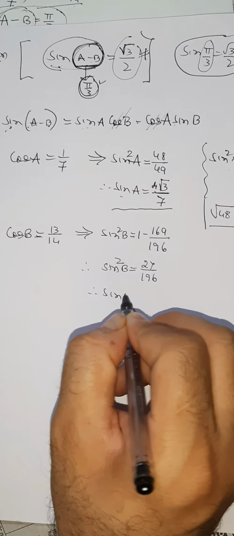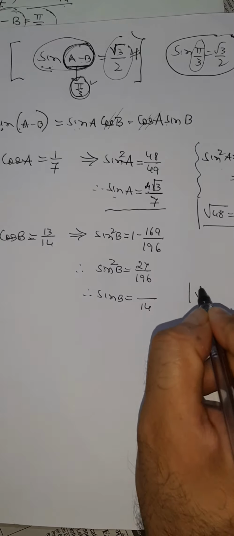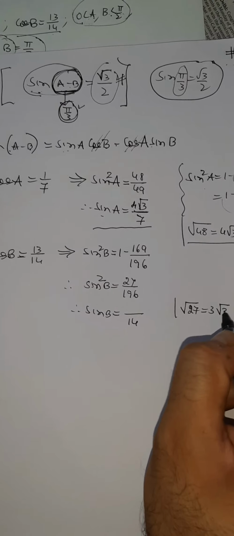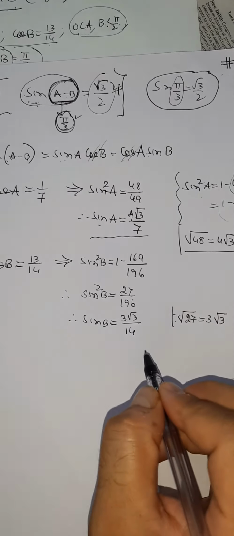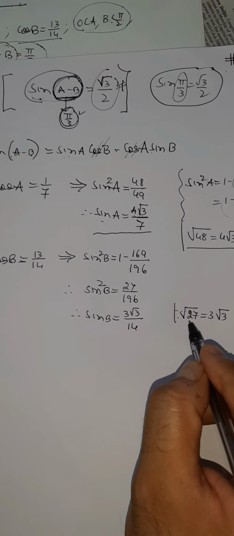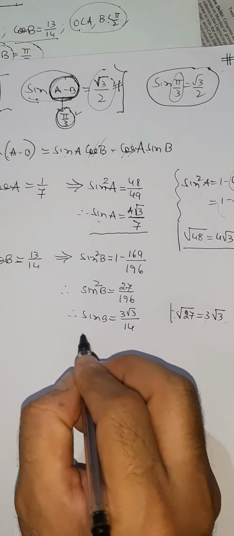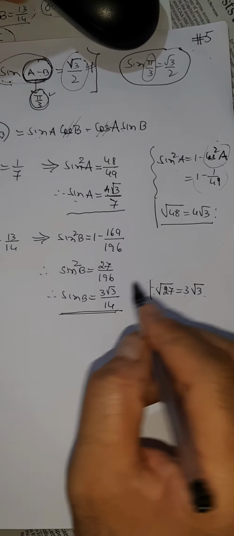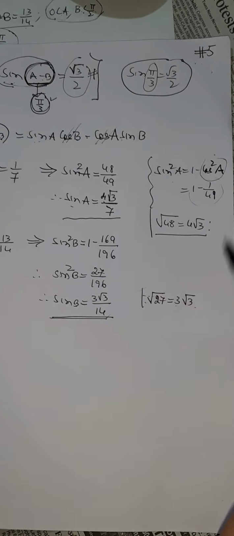So sine B equals root 27 over 14, and root 27 equals 3 root 3, that you know. So we have this. This is again positive. Why is it positive? Because B is in the first quadrant. That's given to you.